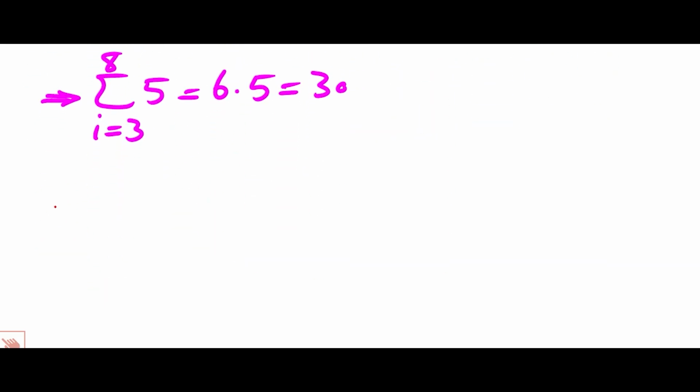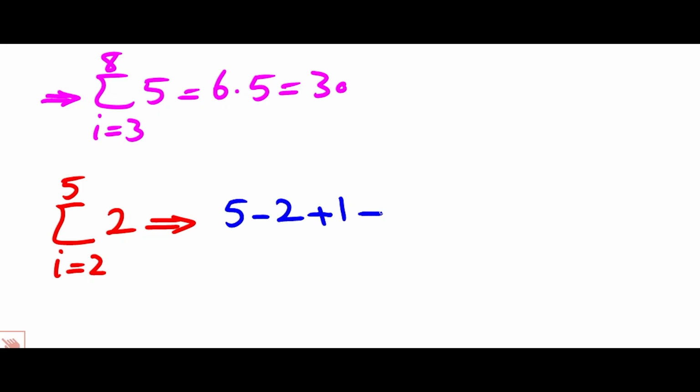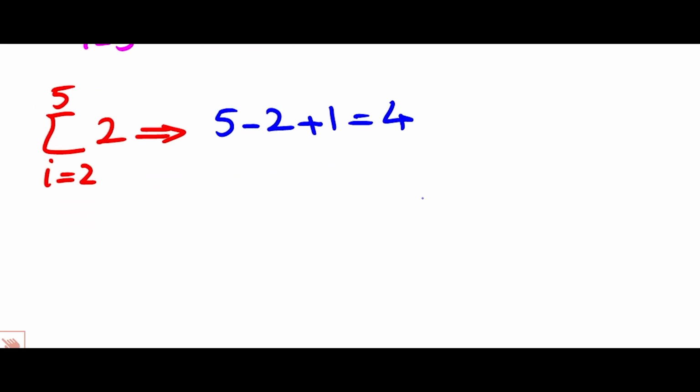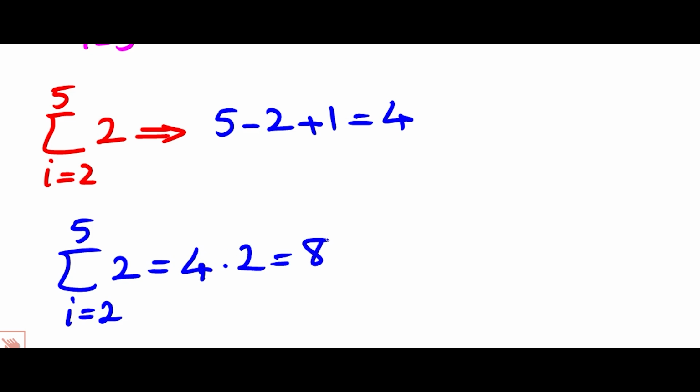Or, for example, the sum of 2 from i equals 2 to 5, right? First find the number of terms. We have 5 minus 2 plus 1 equals 4. So the sum of 2 from i equals 2 to 5 equals 4 times 2 equals 8.